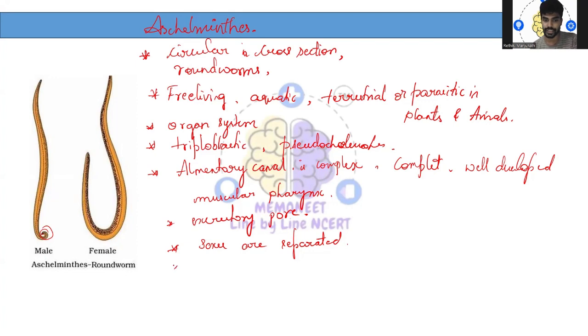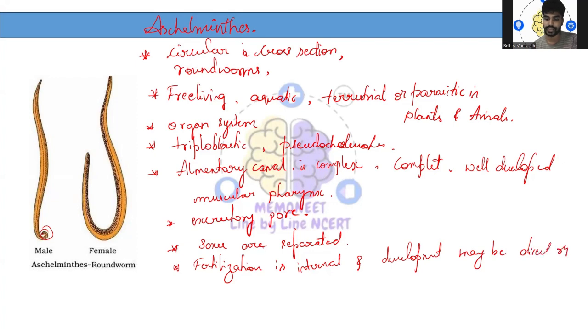When coming to fertilization, is fertilization internal or external? It is internal, and development might be direct or indirect.